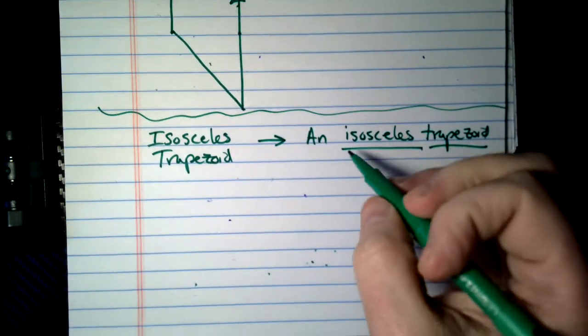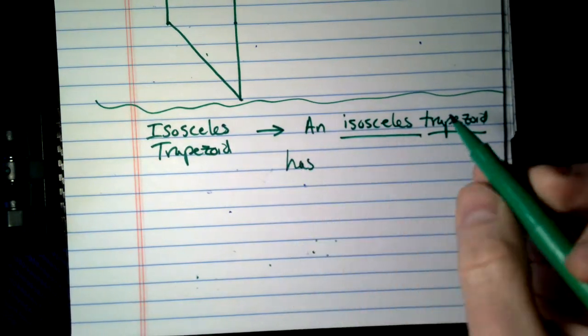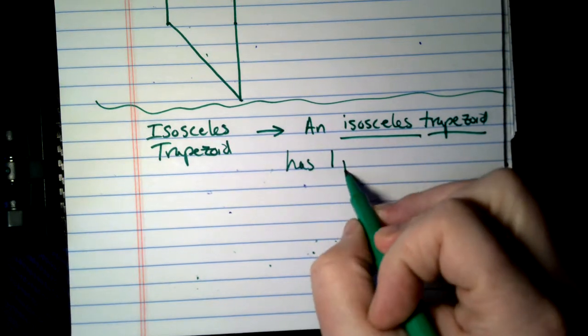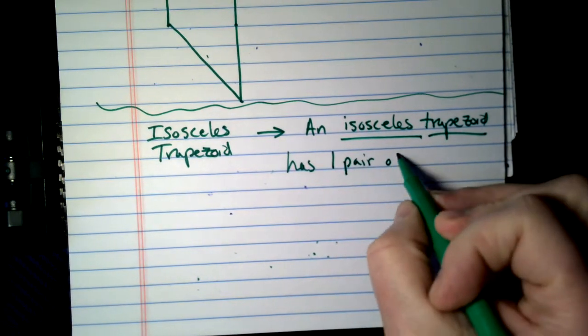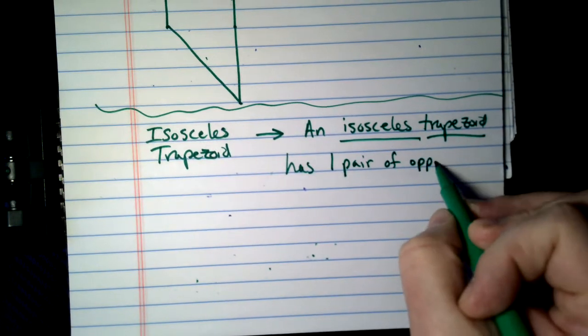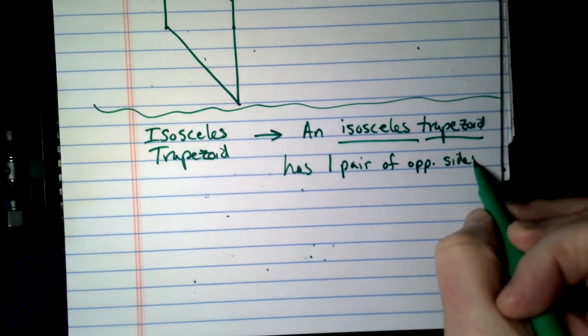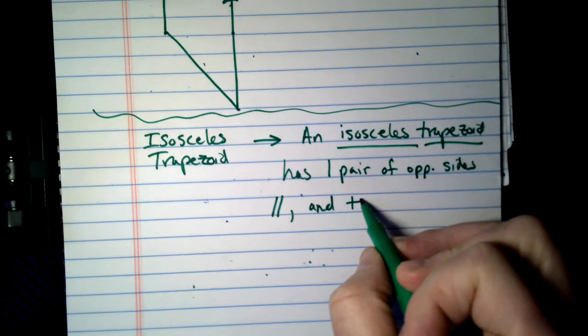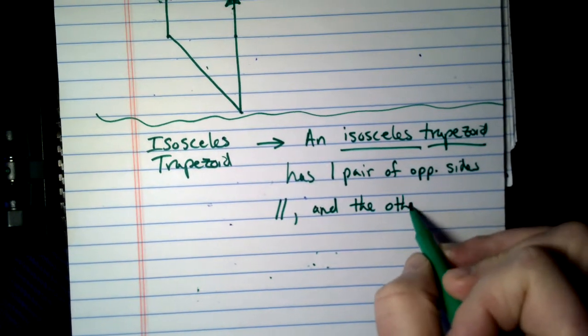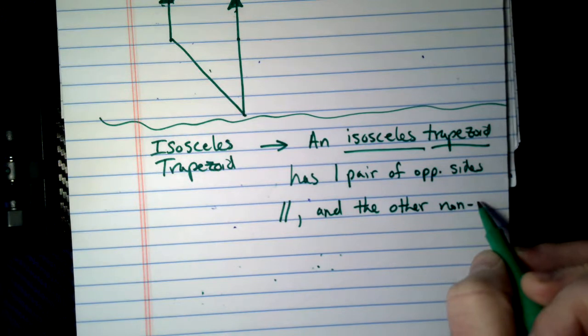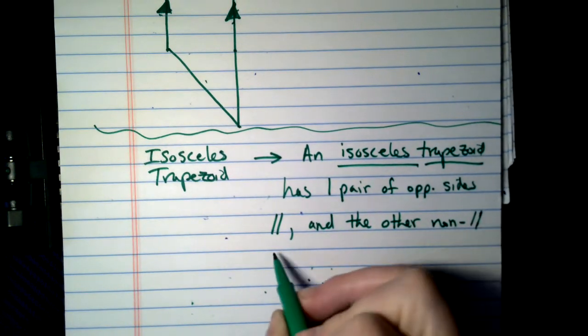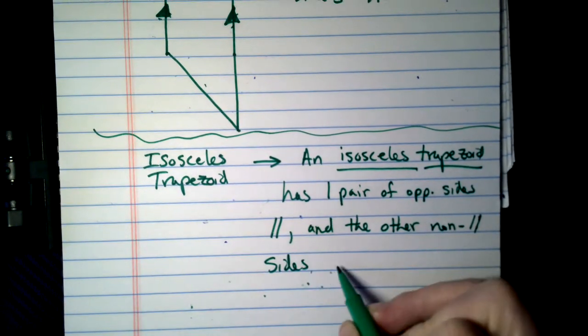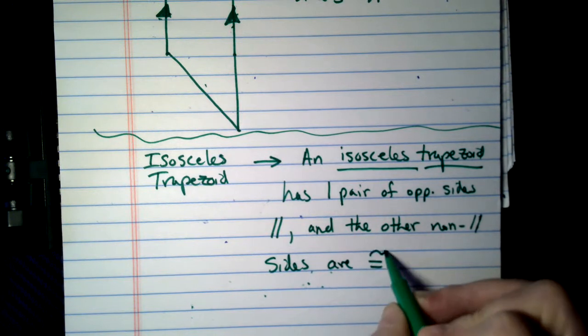An isosceles trapezoid has 1 pair of opposite sides parallel and the other non-parallel sides are congruent.